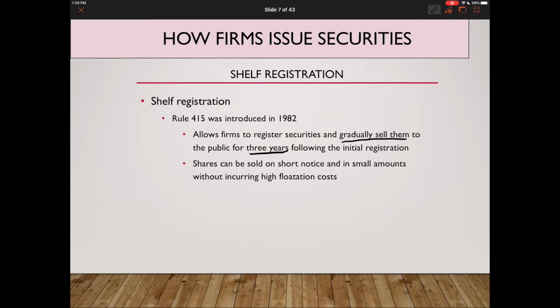So they register their securities initially, and then they can distribute these securities over a 3-year time period with little additional paperwork. As a result, these shares can be sold on short notice and in small amounts without incurring high flotation costs. Now, these issues that are not yet distributed are referred to as being on the shelf. So they have already been approved, they have just not yet been distributed.